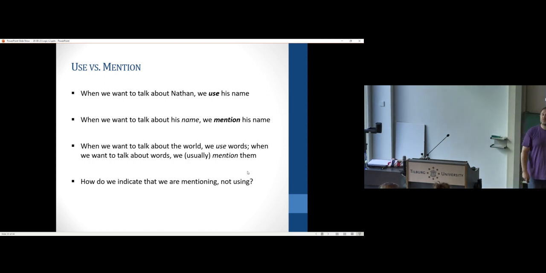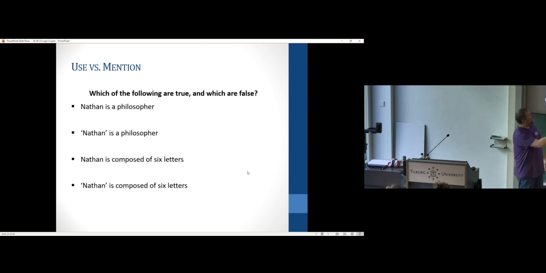When we want to talk about words, we mention them. This is actually a very deep insight. Going through the language to talk about whatever it's about versus stopping and actually just talking about the language itself. And of course, we have a ready-made tool to indicate when we're mentioning rather than using. What's the tool that we use to indicate mentioning rather than using? Yeah, right? We saw it here.